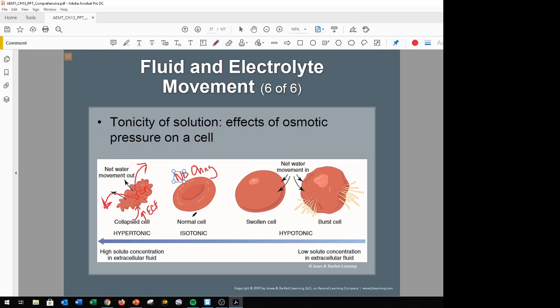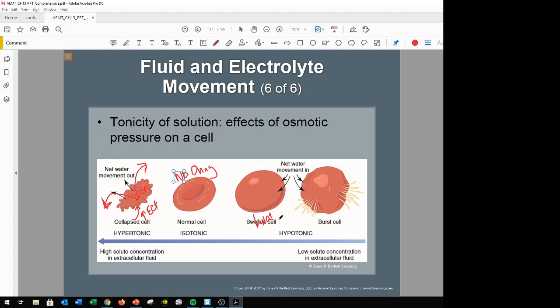Now if we look at hypotonic, hypotonic means you're going to have a decrease of concentration of sodium outside that cell. So you're going to have a decrease of sodium. And what does that mean? Well, the sodium's in here then.